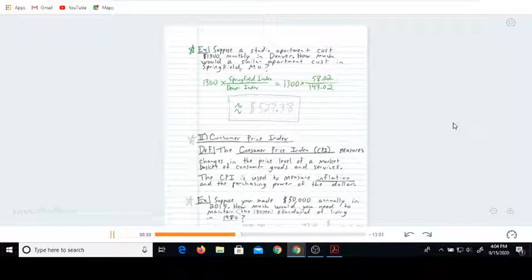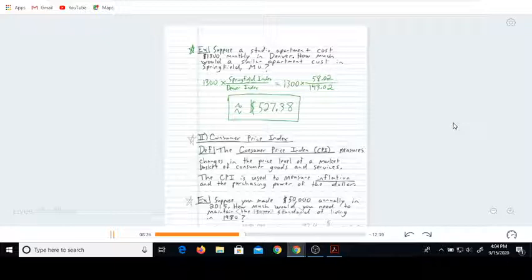And divide by 143.02. And we get 527.38. So that tells us that a studio apartment in Denver that costs $1,300 a month, a similar studio apartment in Springfield will be about $527 a month.